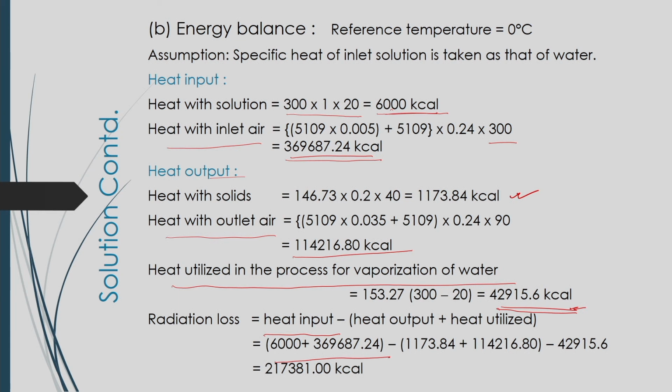If you subtract it, you will get the heat output, which is 1173.84 plus 114,216.80. Now, if you subtract all the heat output and heat utilized from the heat input, you will see that this amount of heat is lost by radiation. So, this is the basic calculation for the spray dryer energy balance.